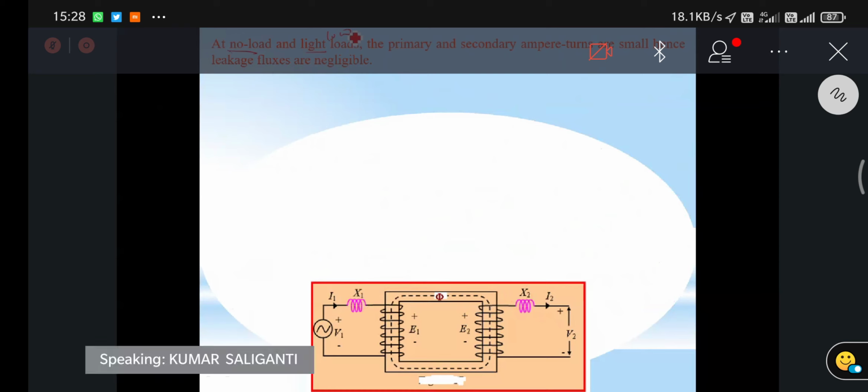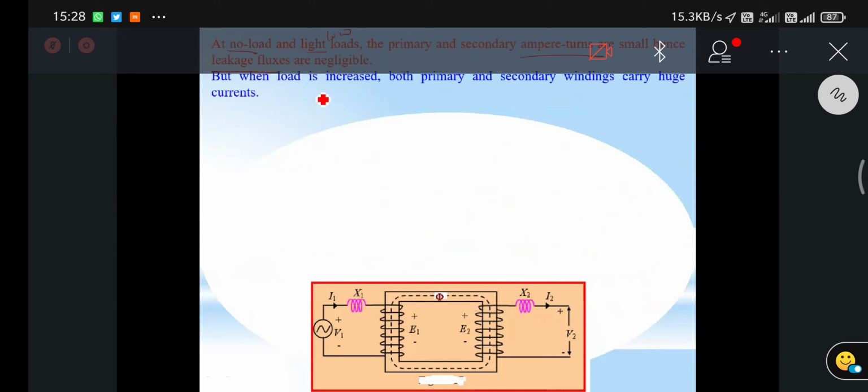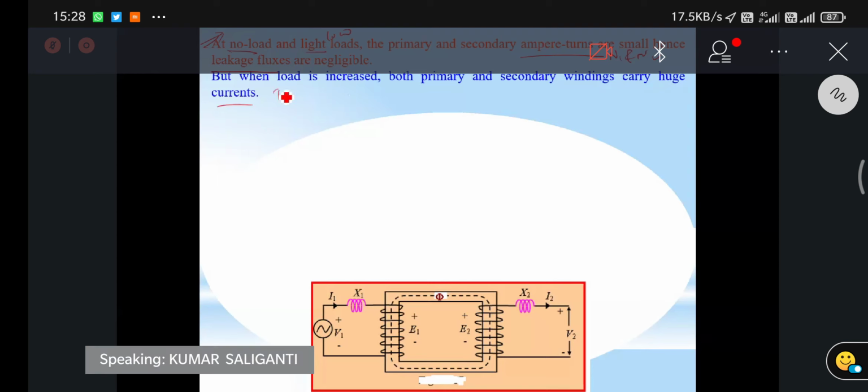Ampere turns are small, hence leakage fluxes are negligible. But when load is increased, both primary and secondary carry larger currents I1 and I2.